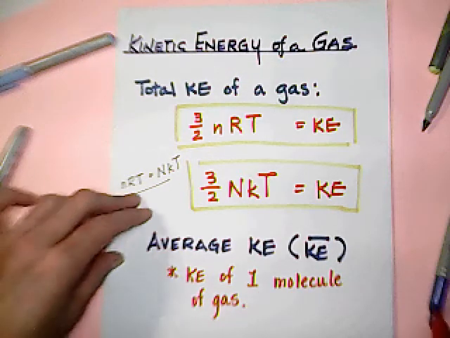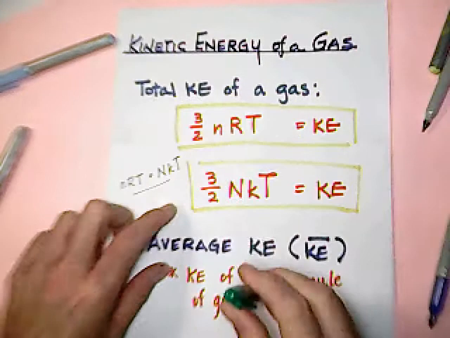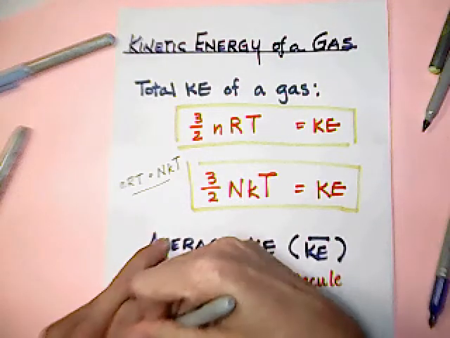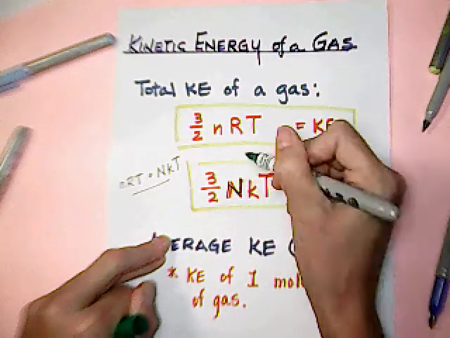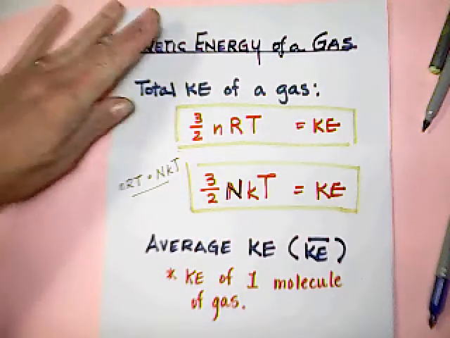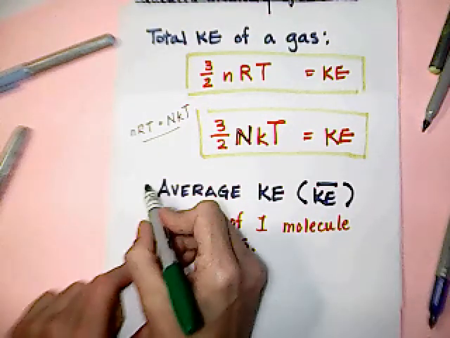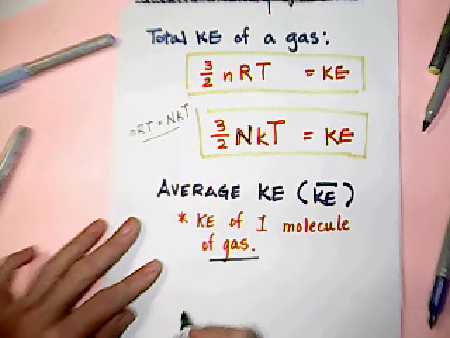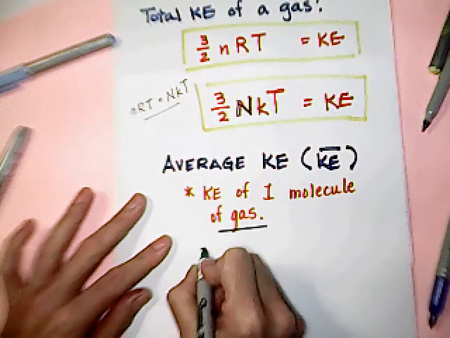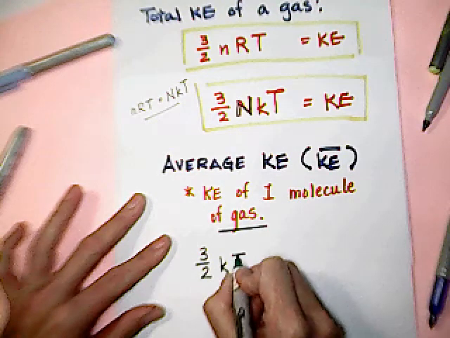Well, we know that big N right here is number of molecules. So if we want to describe the average kinetic energy for just one molecule of gas, then you can just say it's 3/2 kT.